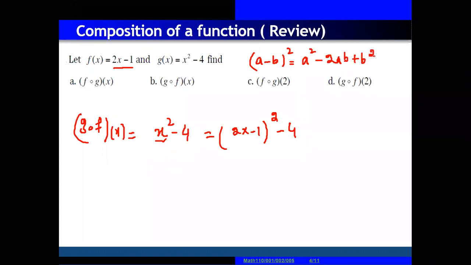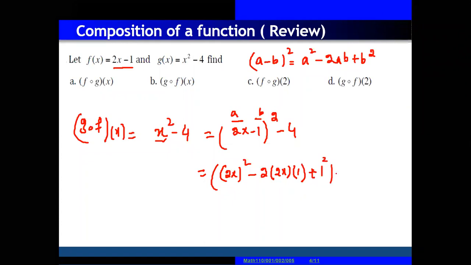When you expand this, 2x is a and minus 1 is b. So we have 2x square minus 2 multiplied by 2x multiplied by 1, plus 1 square, and outside we have minus 4.